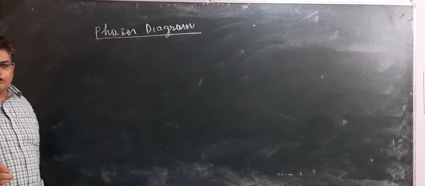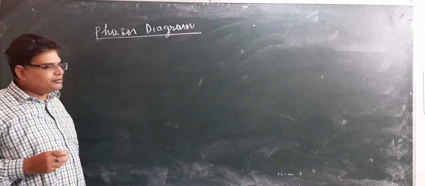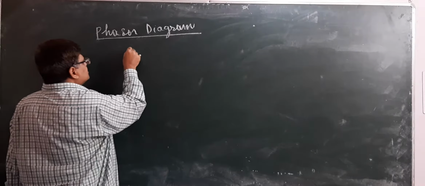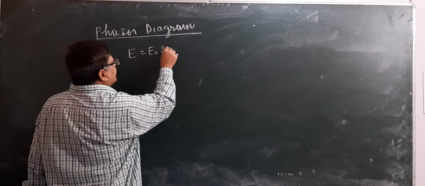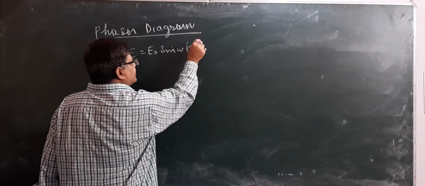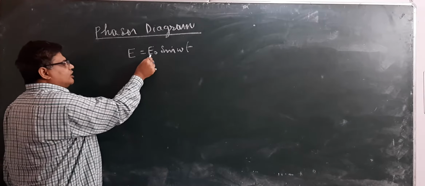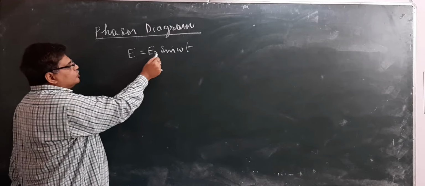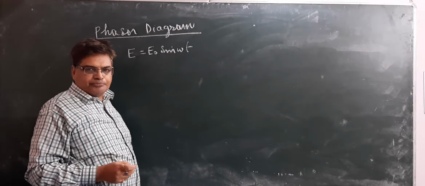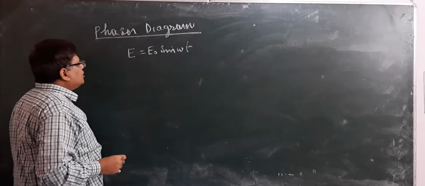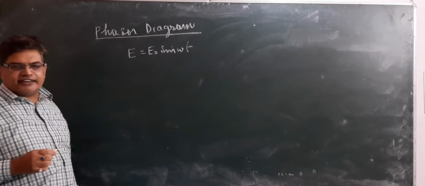Now, as you know, in alternating currents, the instantaneous EMF can be represented as E is equal to E naught sine omega t. Here E naught is called peak value of EMF, omega is the angular frequency, and t is the time elapsed. Now, suppose we write the expression for the current.